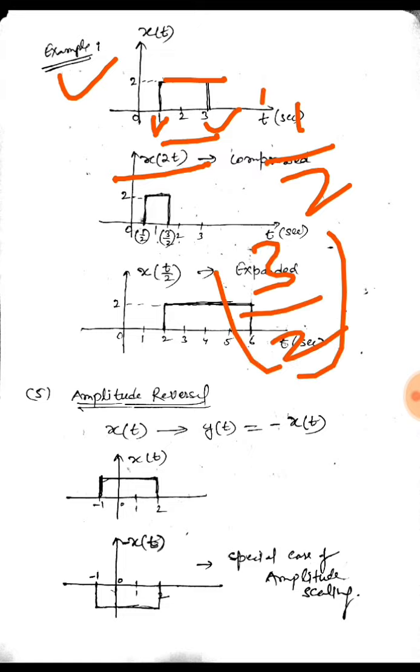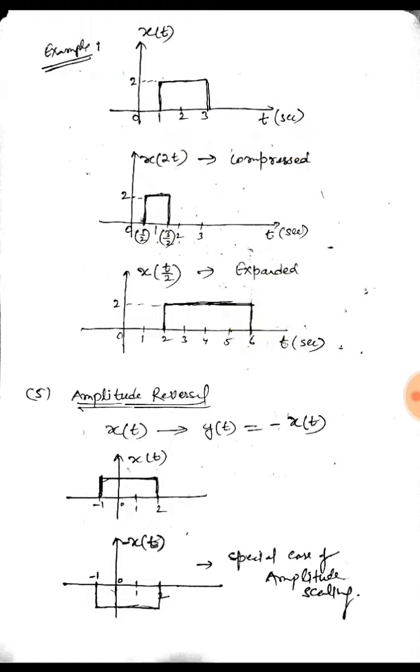So the function would be, the amplitude remains the same, but the function is available for half of the time range. In the original x(t), it was defined for 1 to 3, that is for 2 seconds.